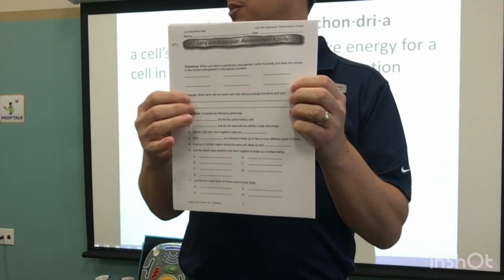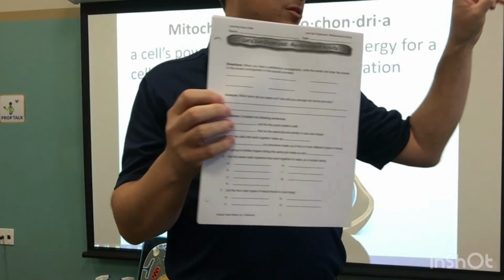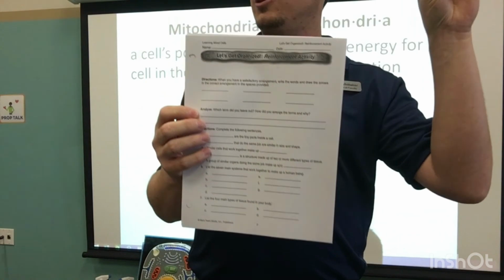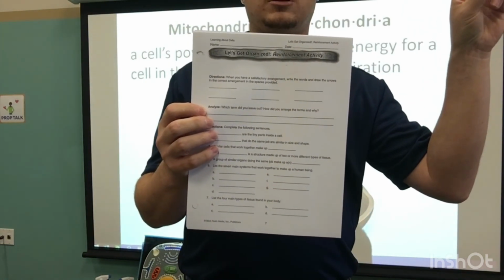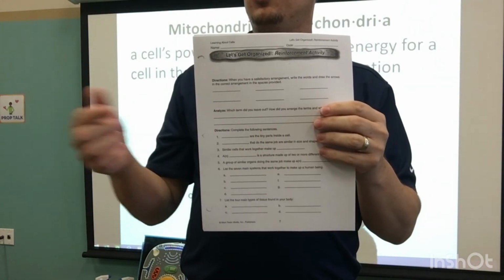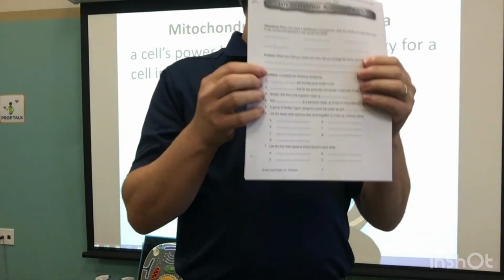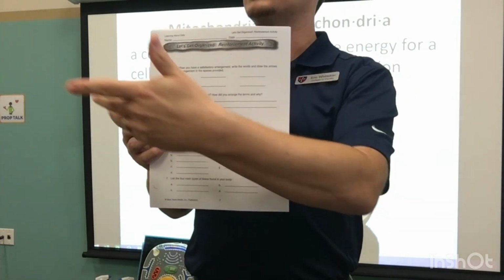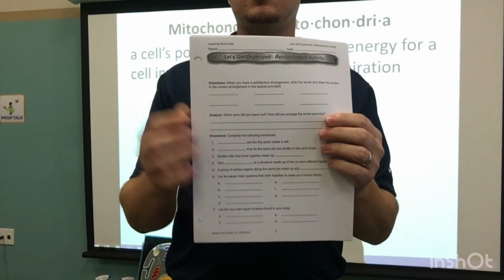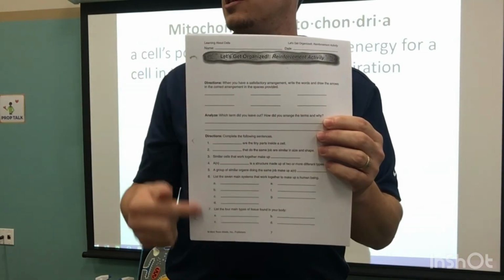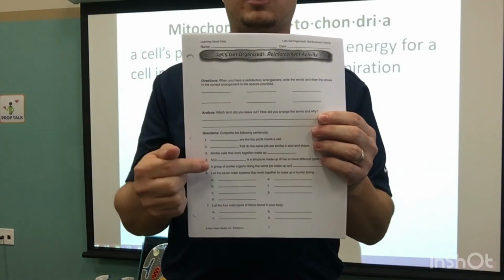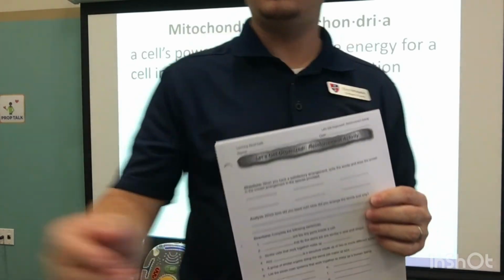But to complete this handout, you need to read 2 pages. I'm not giving you those 2 pages right now. Those 2 pages are on Google Classroom, okay? So you have to go on Google Classroom. You open up the assignment, you read your 2 pages, and then you can complete this handout right here. All right, awesome, guys.